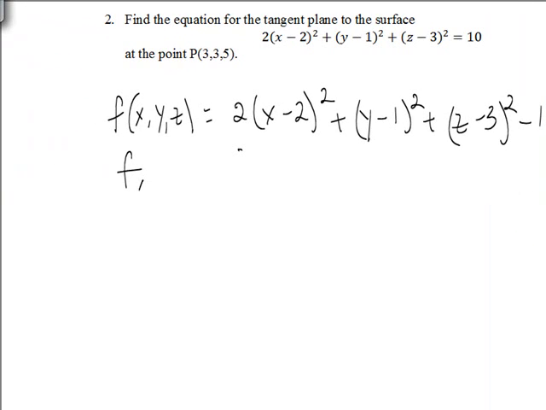Okay, who would like to give me the partial with respect to x here? 4 times (x minus 2), great. And what is that partial at the point P? Anybody? 4.